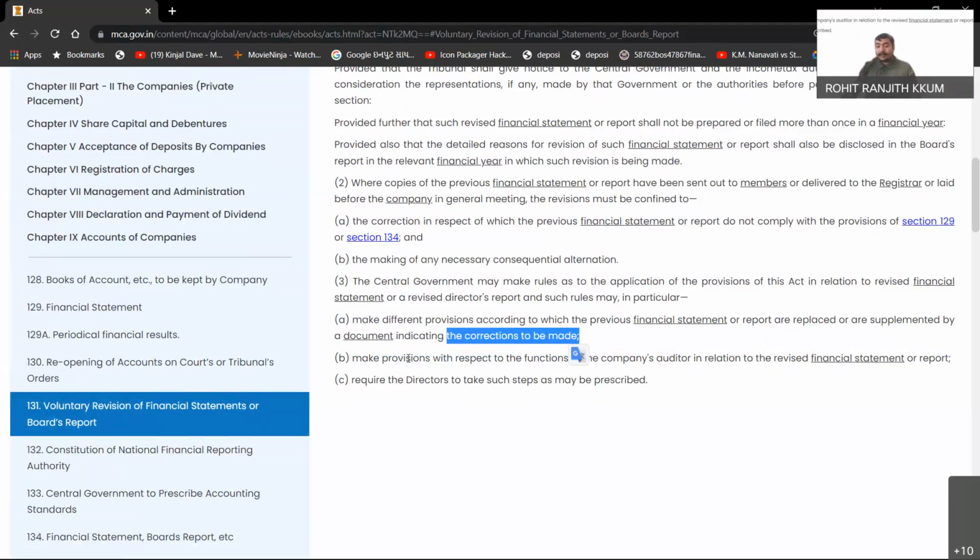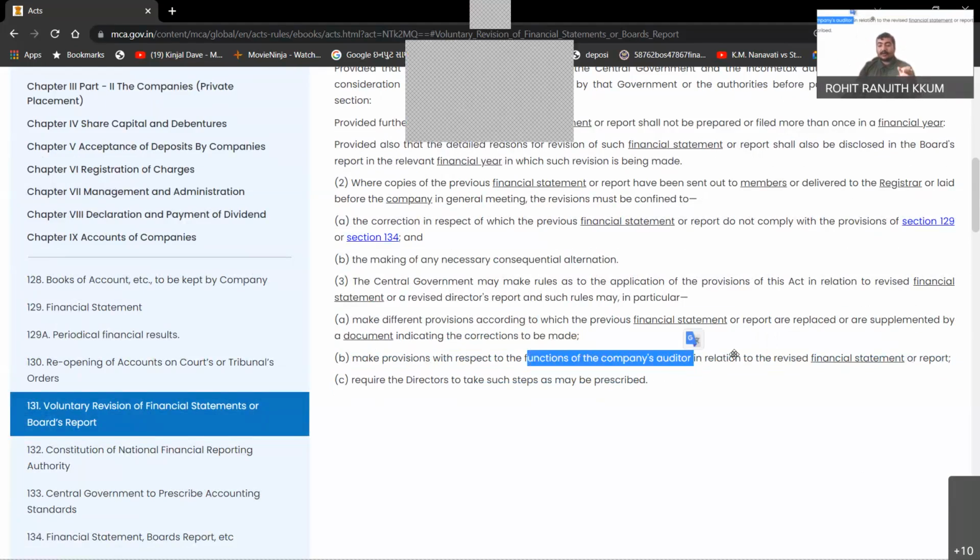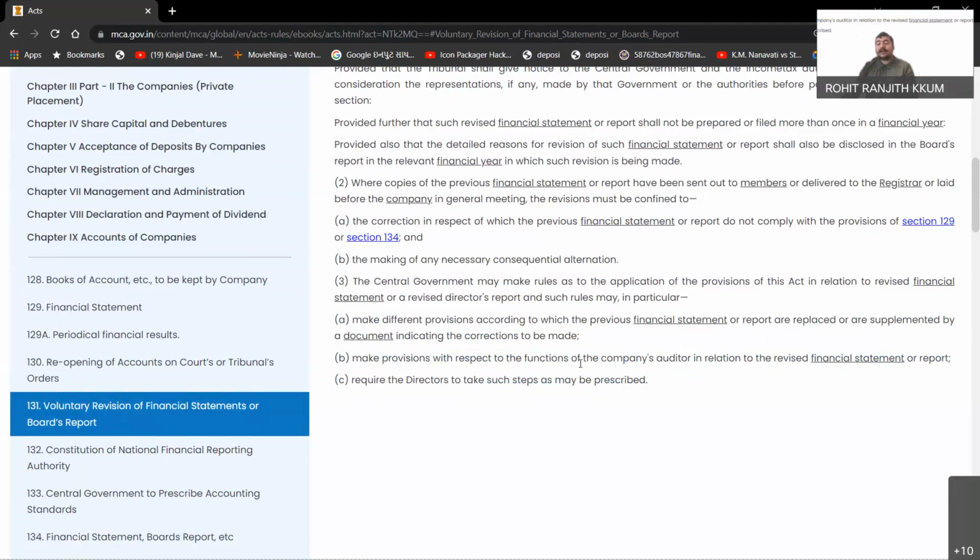It also may make the provisions in respect to functions of the company's auditor. What does it mean? Central government can also order the auditor that if there are any revisions taken place, how you should report in the audit report. So B point is for the auditor and require the directors to take such steps as may be prescribed. So third point, if you look at it, is the central government's power.